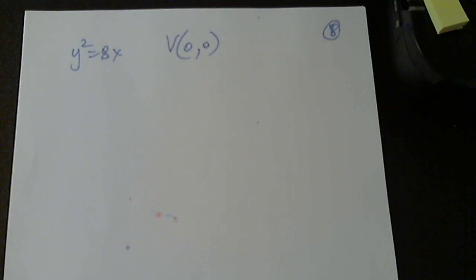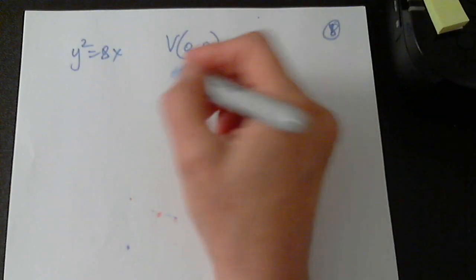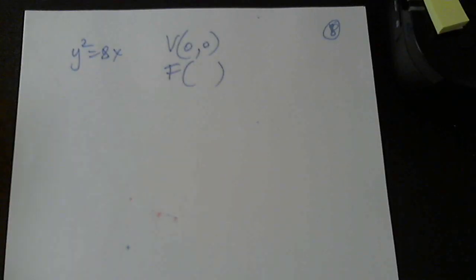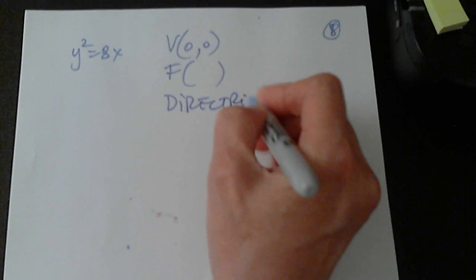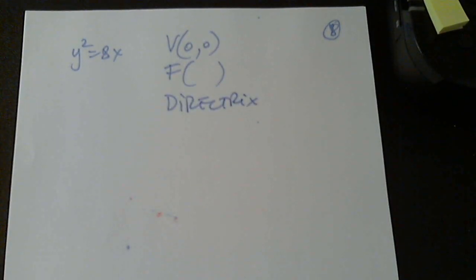When x is 0, y is 0. Because that's what we are discussing right now: the situation in which the vertex is at the origin. Then they want us to find the focus, which is an ordered pair, a point, and the directrix. And then graph the equation.